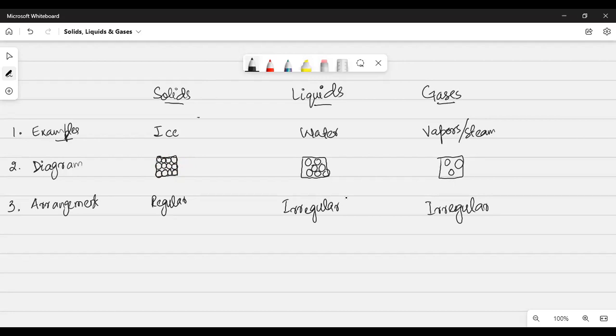Now, it's not just the arrangement that we are concerned about, it's also the packing. In case of solids, the structure is tightly packed, so much so every particle is touching another particle and they don't have much area to move around.